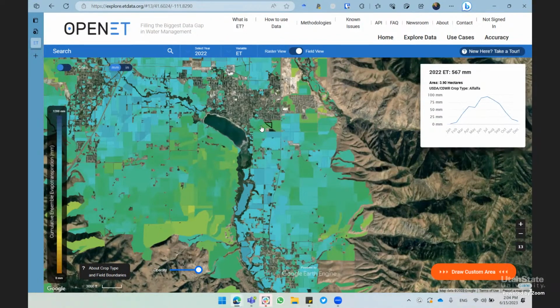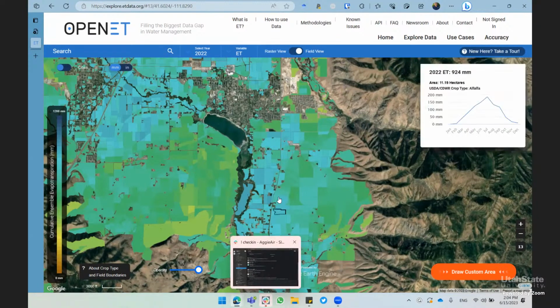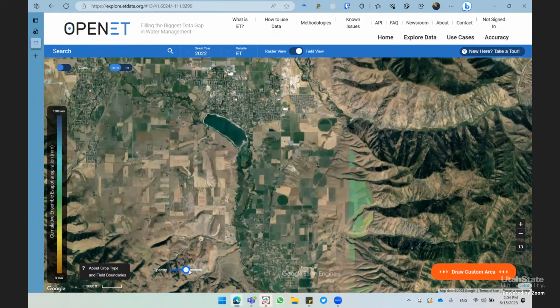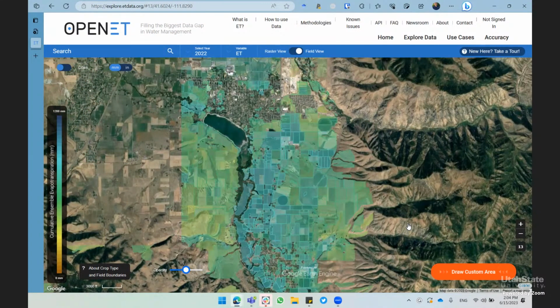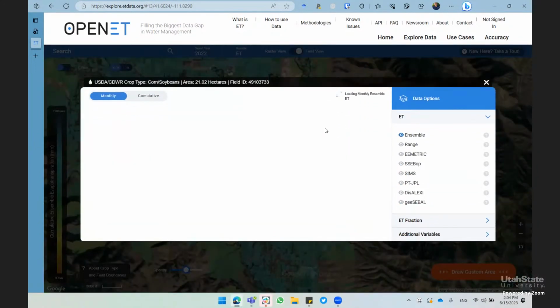If it's a center pivot, it has to be a circle. If it's a grass area, it could be a rectangle. So these are the parcels that are present in the south part of this valley, the Cache Valley. So we can click on any field.